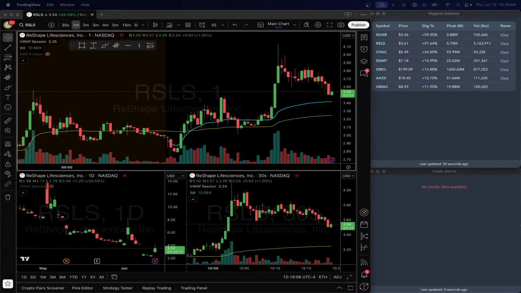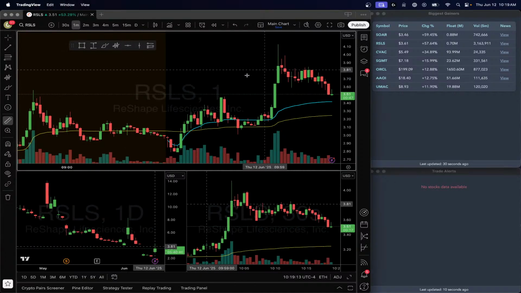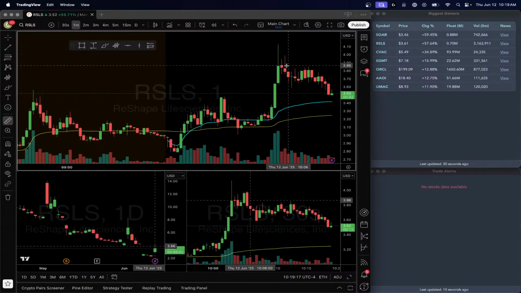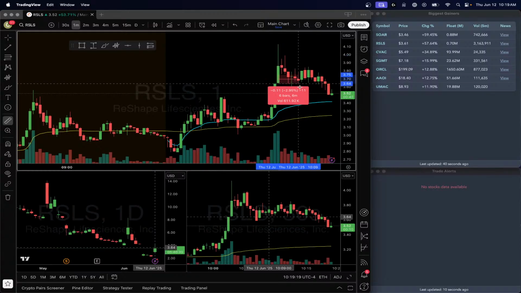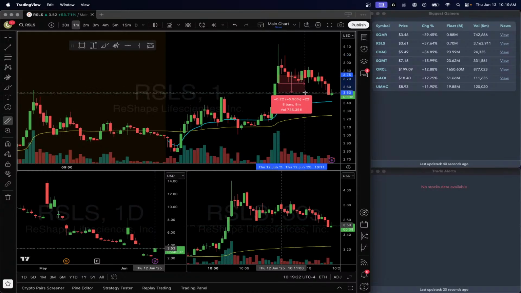There we go. We had that doji in there, I shorted it from here, and just closed it out for like 20 cents.